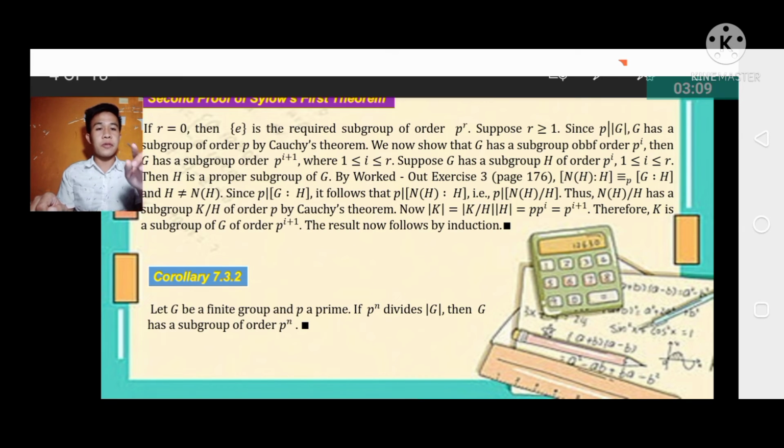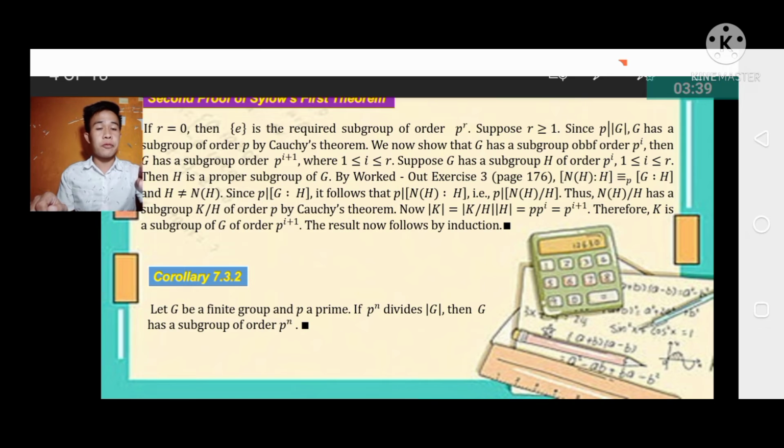So if p to the raised of n divides the order of the group G, then that establishes the condition. So our finite group G has order p to the raised of n times m, which is 3 to the raised of 1 times 2.